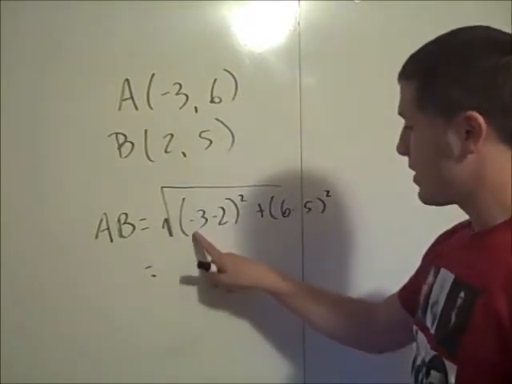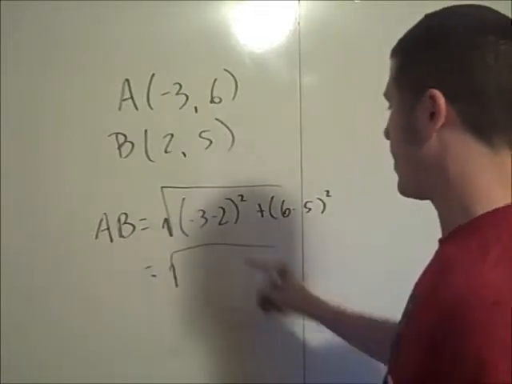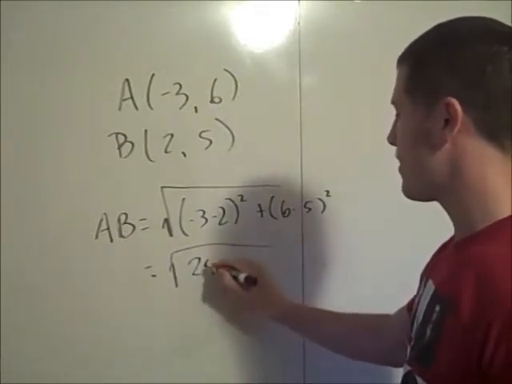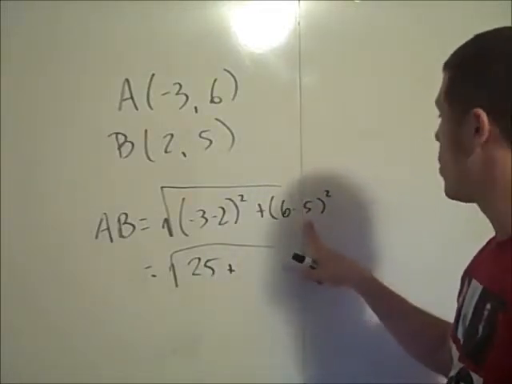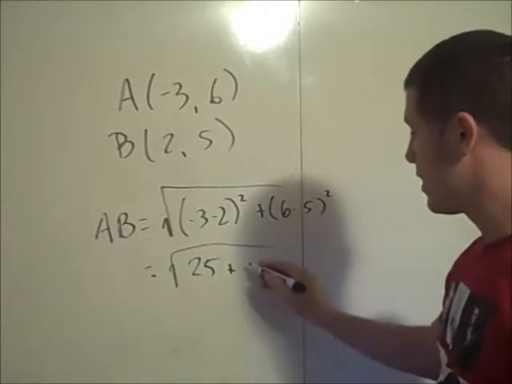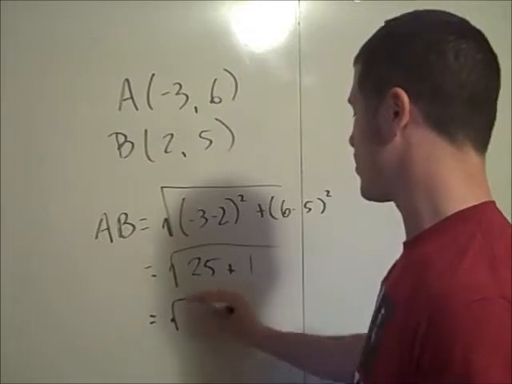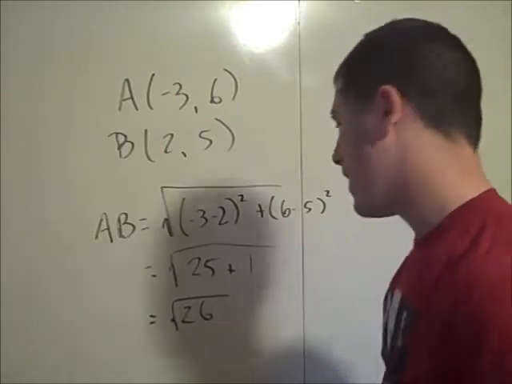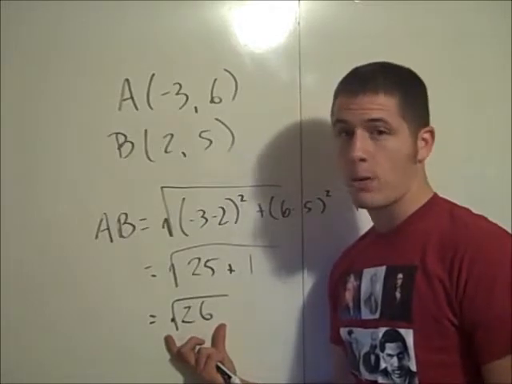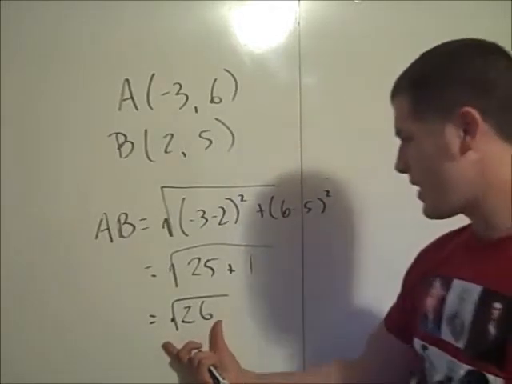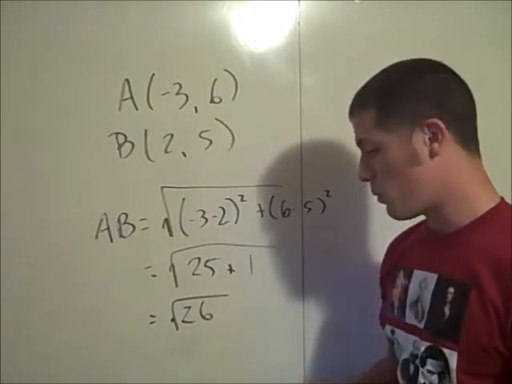So, parentheses first, negative 3 minus 2 is negative 5. When I square negative 5, I get 25, plus 6 minus 5 is 1. 1 squared is 1. So 25 plus 1 is 26. This is going to be the square root of 26. And what I tell my students generally is that, look, if this thing can be simplified, we simplify it. In this case, 26 doesn't have any perfect square factors, so we're done with that.